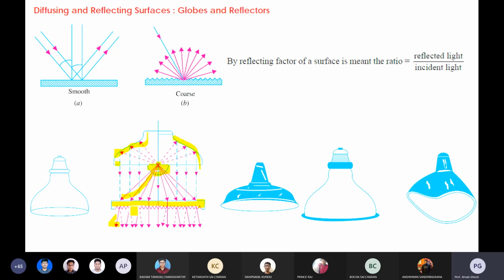When it comes back, it is refracted again, so you get the full source of light. A similar process happens here, depending on what type of holders and reflecting surfaces are there for your illuminating sources.